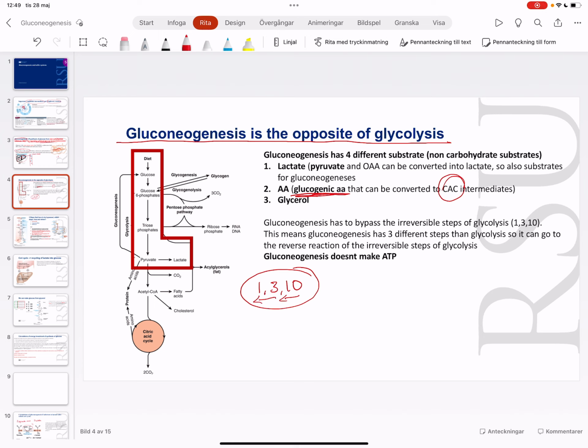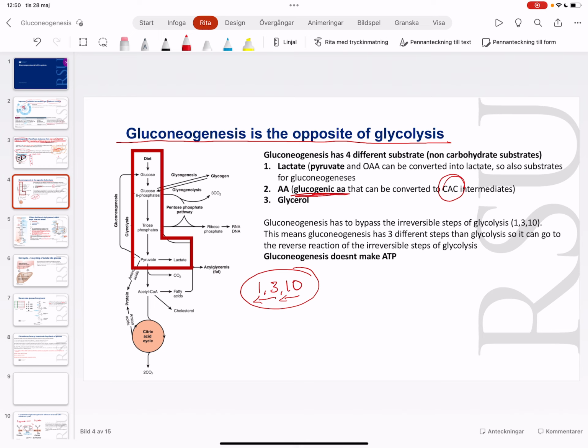But to do gluconeogenesis, you have to bypass these 3 reactions, and we can do that with specific enzymes and with vitamins and cofactors that will aid in that.